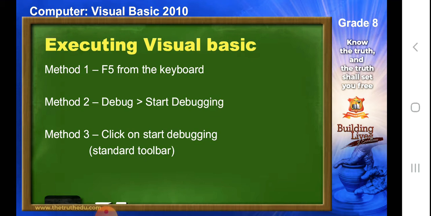Once you click on Start Debugging, it does a kind of correction and tells us if there is any problem with the program while it's running. The third method is to click on Start Debugging, which is the F5 button on the standard toolbar. Generally we will be using the F5 shortcut key, but if we land up in any kind of error, then we will be using the Start Debugging option.